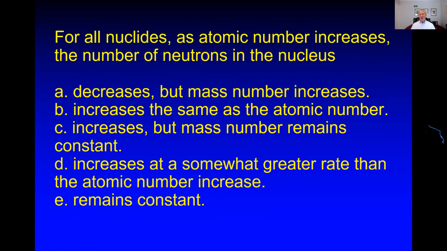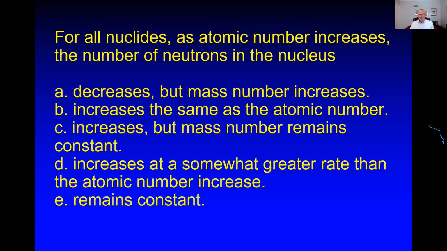Okay, now if you think back to when we just started last week, in the very first one of the slides, I showed you that if we plotted the number of neutrons versus the number of protons for every known nuclide, we got a zigzag line that's gently sloped upward.